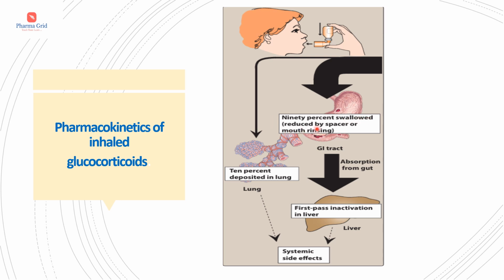This can be avoided or reduced with the help of a spacer or by rinsing the mouth. This swallowed content will enter the GI tract, get absorbed from the gut, and undergo first pass metabolism in the liver, and thereby it will produce systemic side effects. The remaining 10% get deposited in the lung and will produce its action and thereby contribute to fewer systemic side effects.